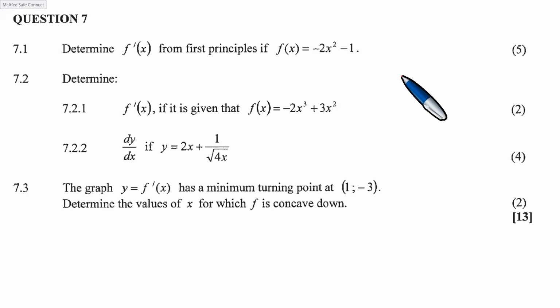Determine f prime of x from first principles, and the rest of the questions on the derivatives and the rules of differentiation. Question 7 came in June 2023, and now we shall be in a position to solve each question. I've broken this question down to digestible pieces. We look first at 7.1.